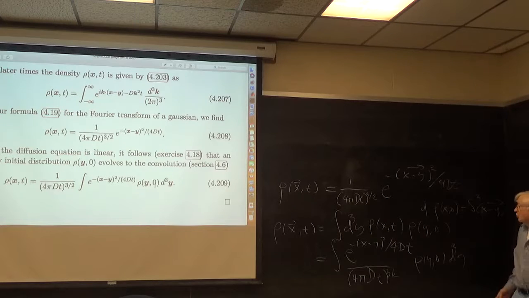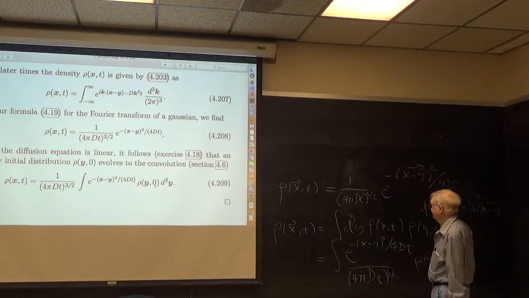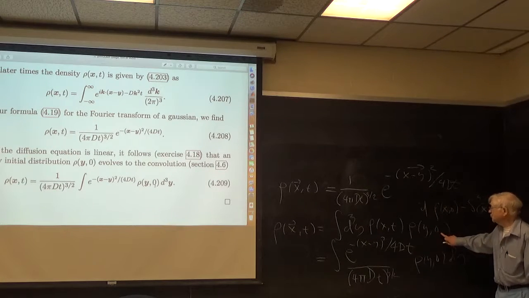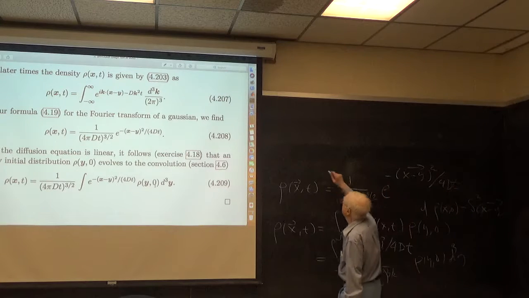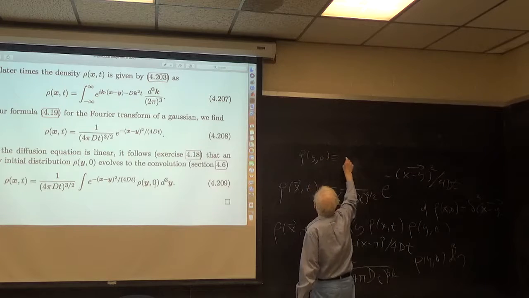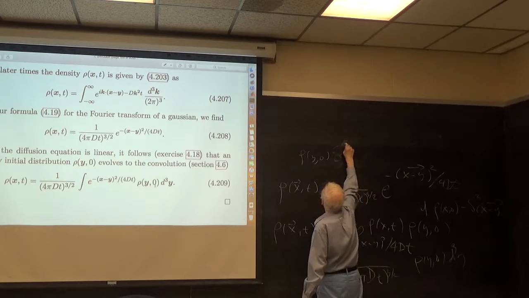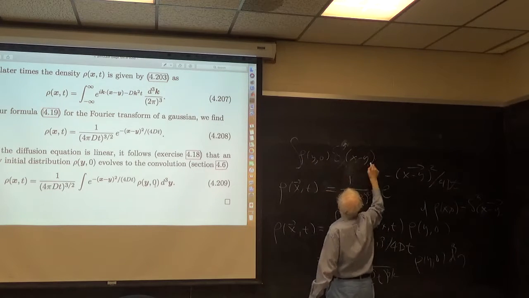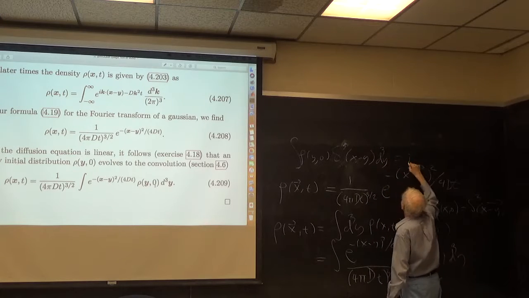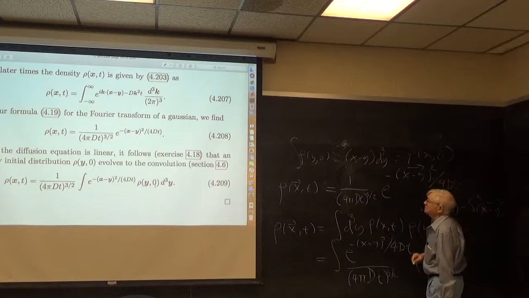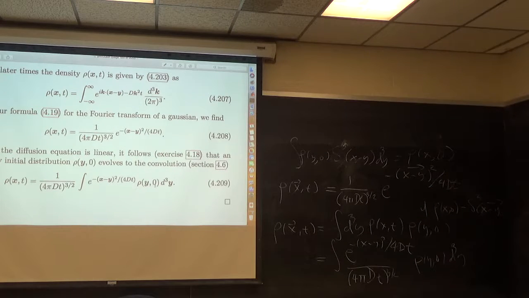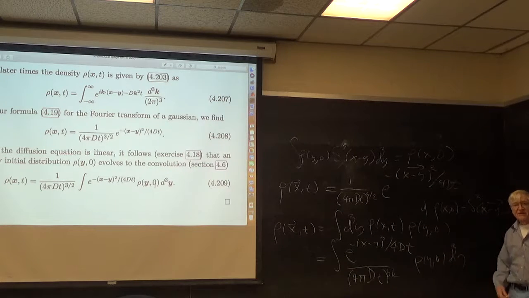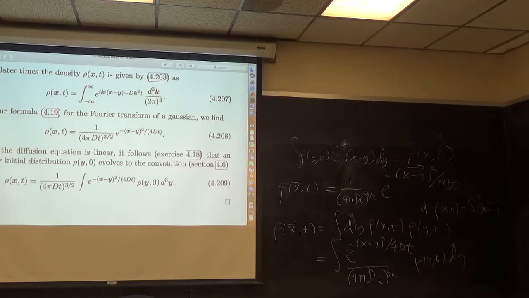So we just write an arbitrary initial distribution rho of y and 0 times delta cubed of x minus y, integrated d cubed y, is rho of x and 0. We substitute that in, do the integration, and we get this. And you can add solutions if the problem is linear.